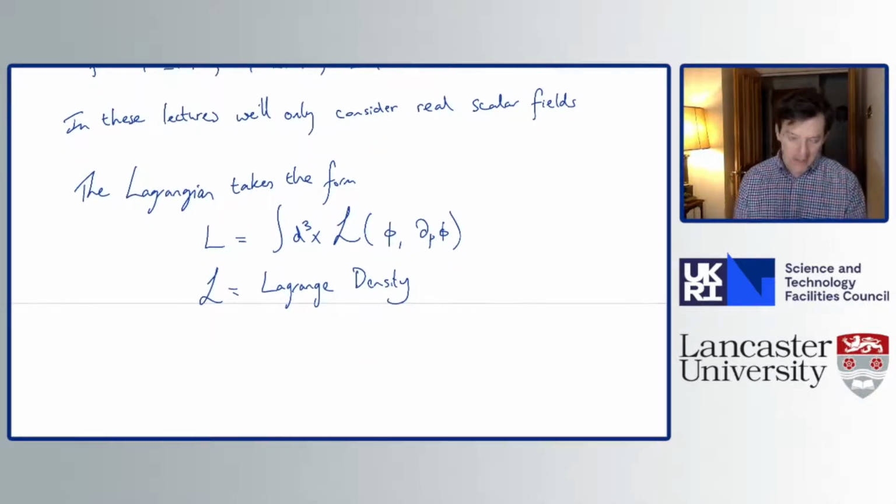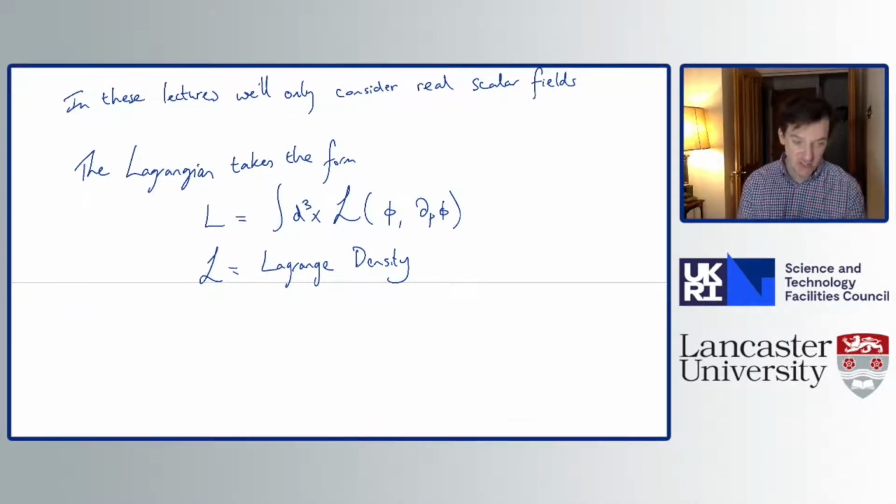Okay. So we're going to use the principle of least action again to go from the Lagrange density to the equations of motion. I should remind you again what the action is. The action in this case is defined in the same way as we did before. It's the time integral of this Lagrangian.